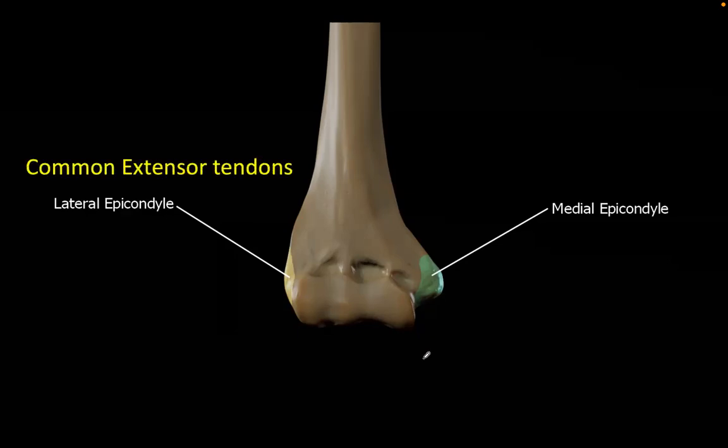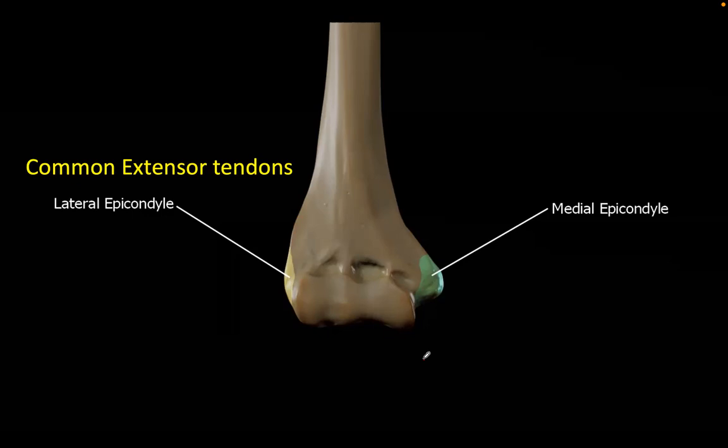For the lateral epicondyle, it's going to be the common extensor tendons. So I want you to touch right now where your lateral epicondyle is. This is where the common extensor tendons are going to be attached.